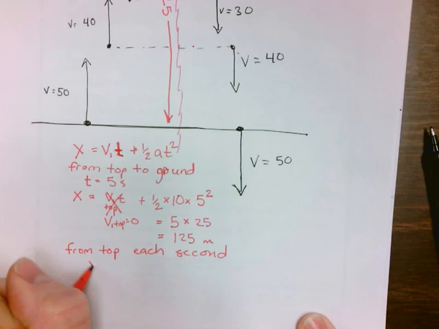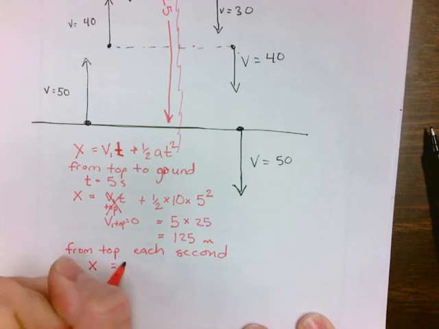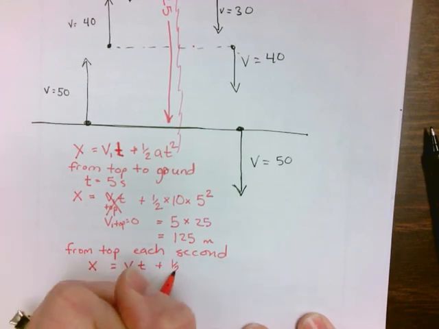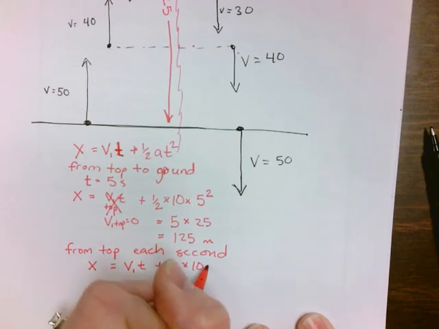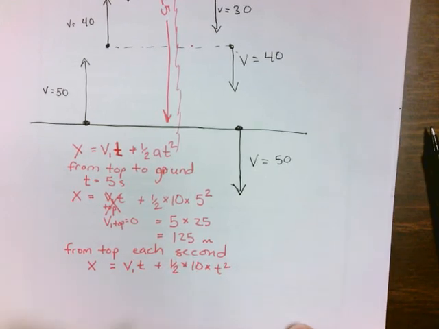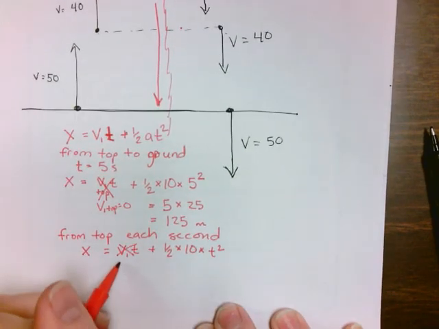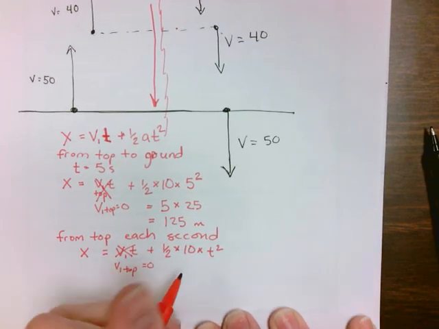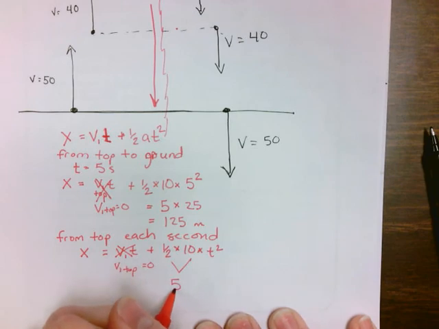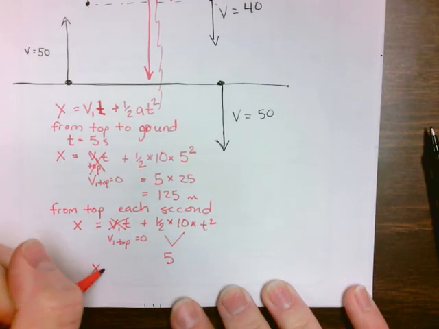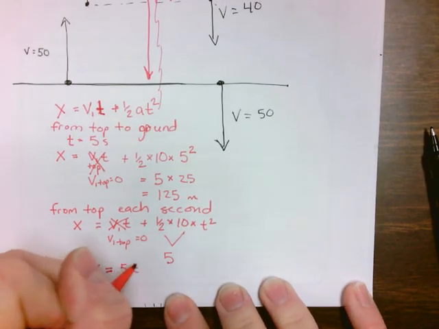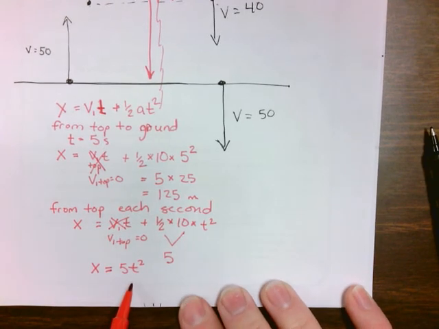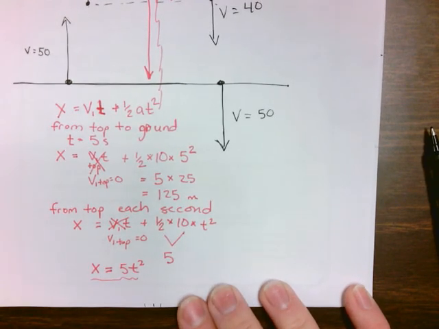So where it is: starting speed times time plus half times 10, we're rounding up, times time squared. And I can simplify. From the top, it's always 0. And half times 10 is always going to be 5. So from the top, where it is is 5t squared. This should be familiar to you because we did this for that pumpkin graphing exercise.